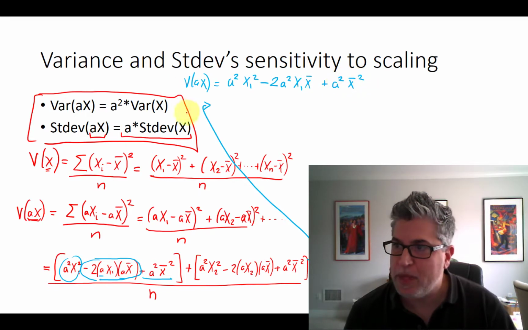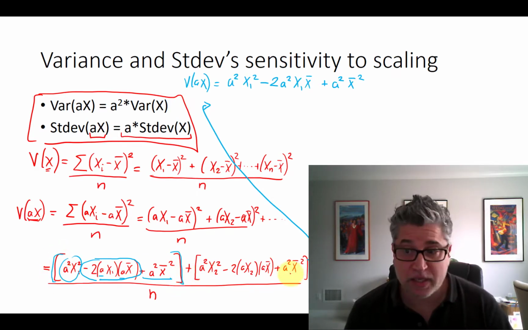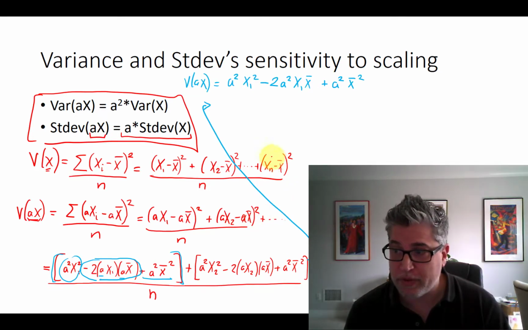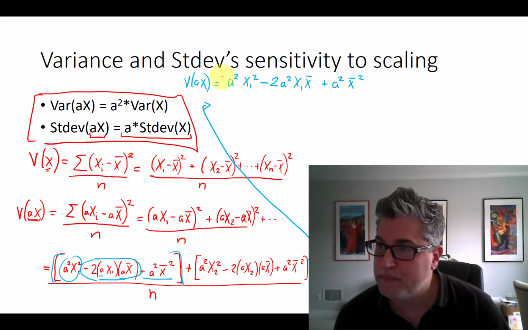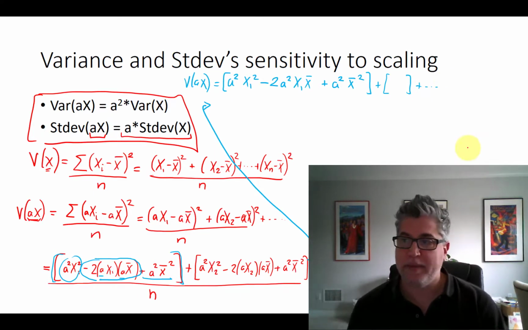Okay, so that was this first term in brackets. We have a similar term for our second, all the way through to our third, fourth, down to our nth.